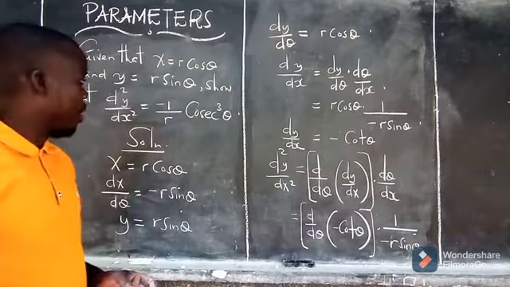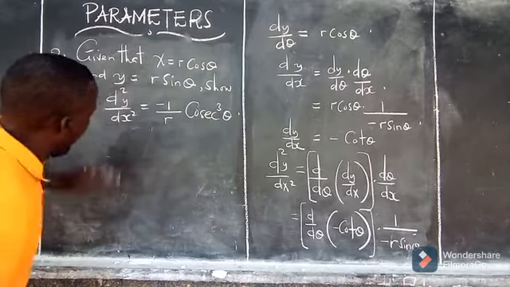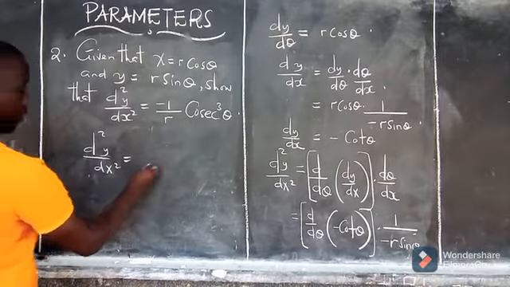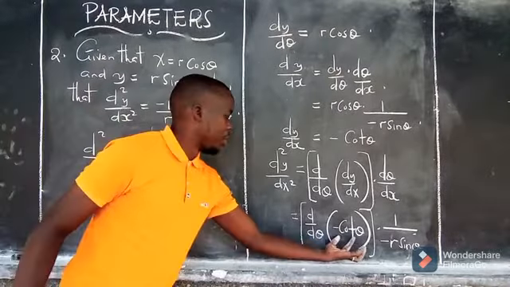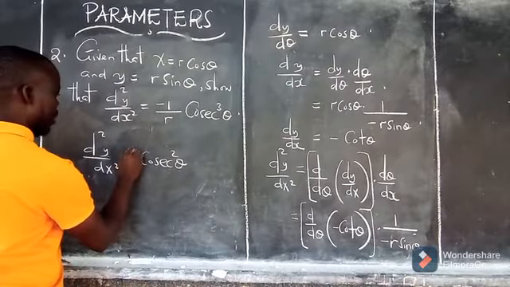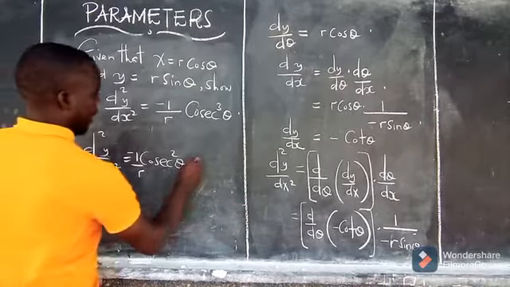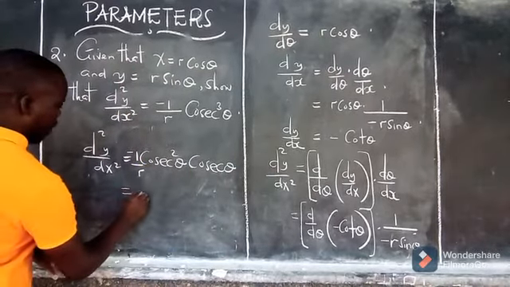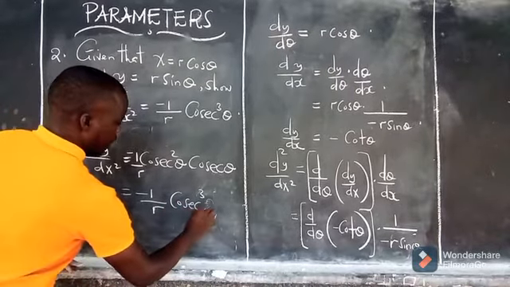So the second derivative is equal to cosec squared theta, because when you differentiate this with this negative, you will get a positive cosec. Then I can see negative 1 over r, so I can indicate it here. But there is 1 over sine, which is also cosec theta. And that leads us to the final answer, which is negative 1 out of r cosec cubed theta.